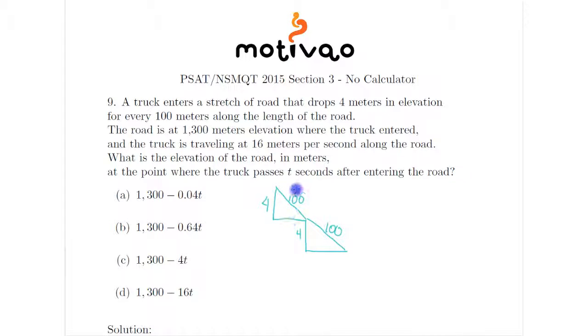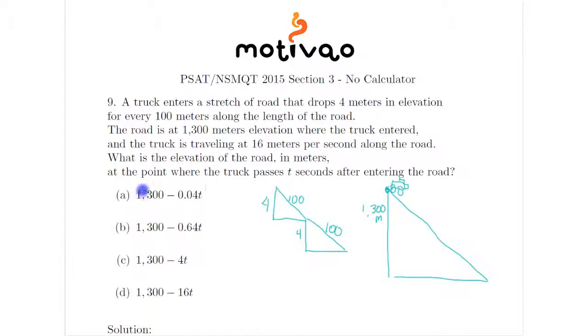Okay? Now, what is the starting point? It seems like the mountain starts at 1,300. So the truck starts here. Let me try to draw a nice truck. Okay, so this truck starts at 1,300 meters in elevation.